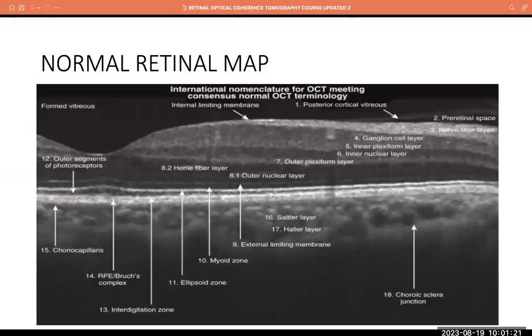The first O is outer nucleus, the second O is outer plexiform, the first I inner nucleus, the second I inner plexiform. GNI is ganglion cell layer, nerve fiber layer, internal limiting membrane. If you put this together, you have your OCT sorted out almost.